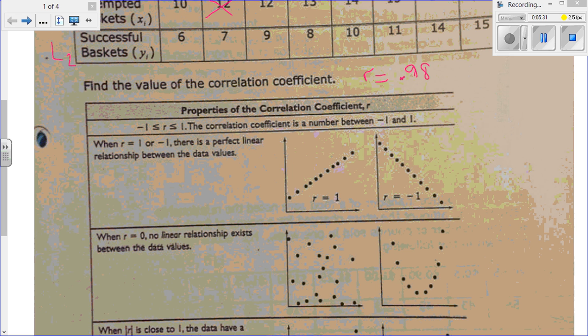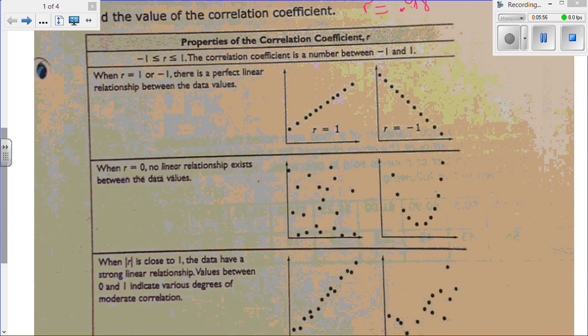And if it's close to a +1, it would be a positive slope, and it would be what we call a strong linear relationship or strong linear correlation. If it's a negative slope and r is near -1, then it would be a strong negative correlation. When r is equal to 0, there's absolutely no linear relationship between the two values.